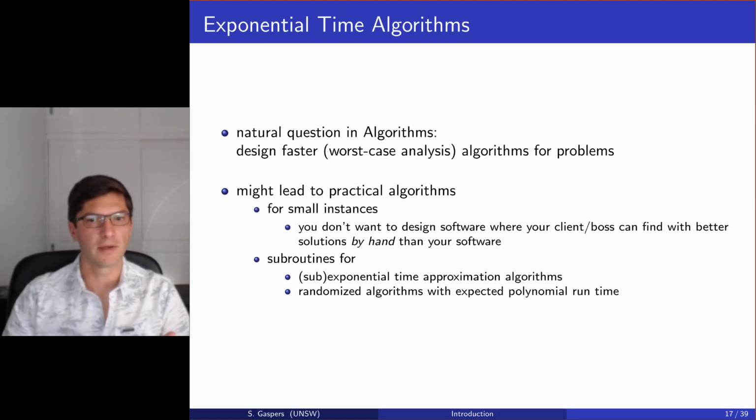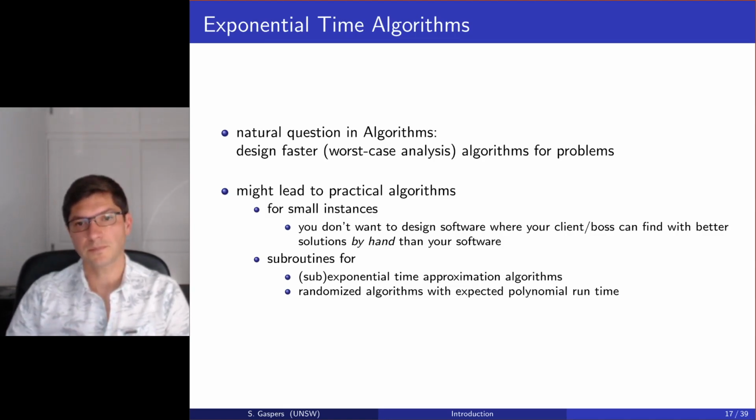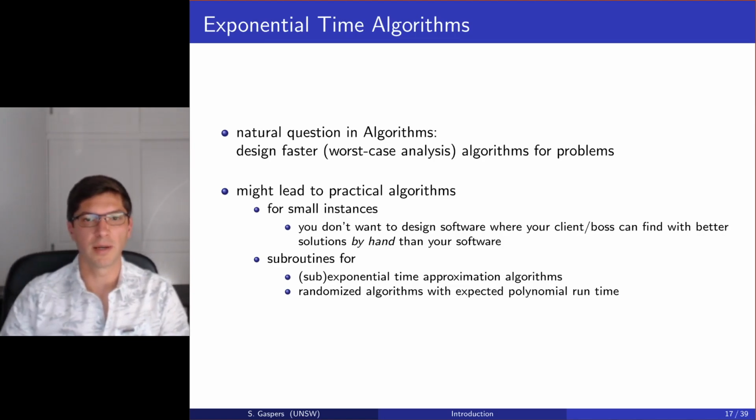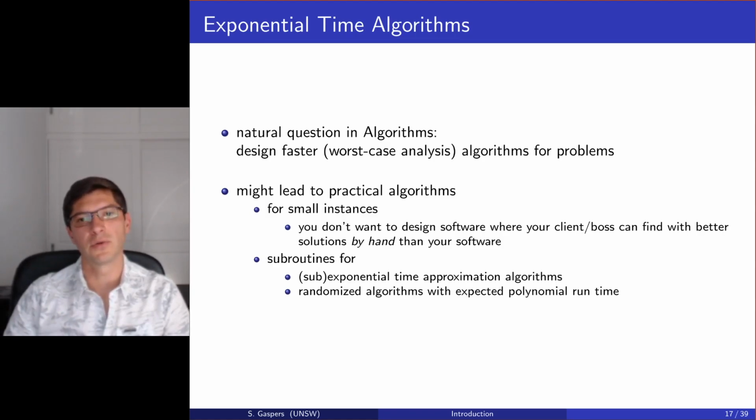They might still have exponential time, sub-exponential time, or even polynomial time sometimes. We also can get randomized algorithms with expected polynomial running times using exponential time algorithms as subroutines.